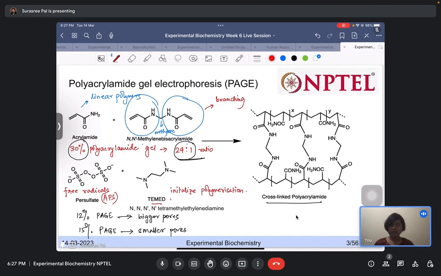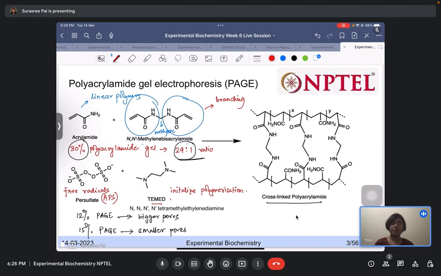There are various other components that are also added in the gel, for example a buffer of a particular pH, and other components like the polyacrylamide, which is a particular ratio of acrylamide and bisacrylamide, APS, and TEMED. If it is a native gel, then denaturing agents are not added.